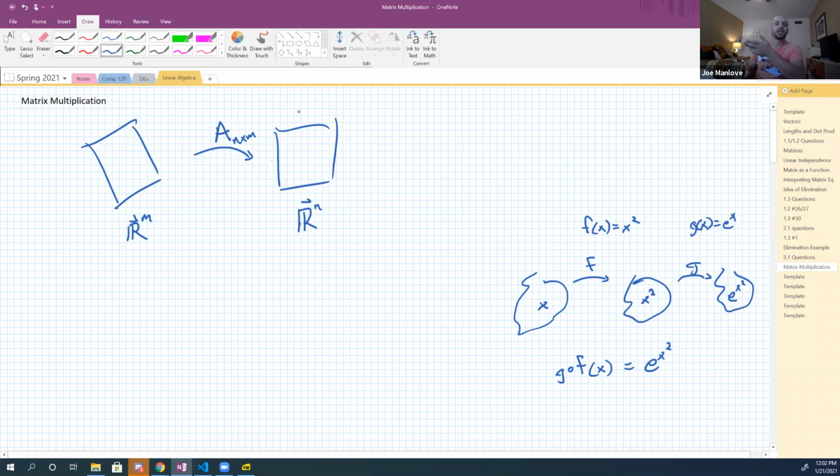It makes sense that I might wonder what if I did another matrix B to this? I'm not really sure what kind of size I'm going to put in here. I bet there is something about the size in there. What do I know for sure has to happen here?